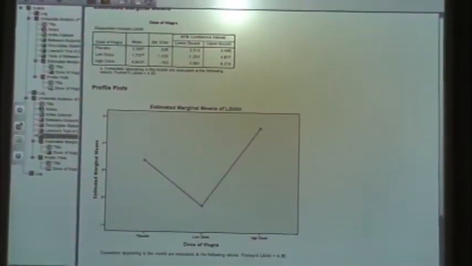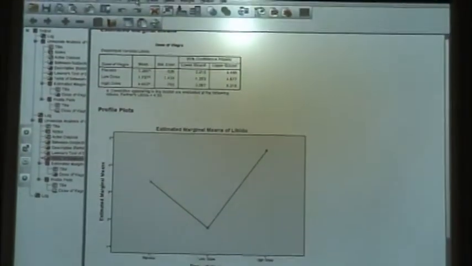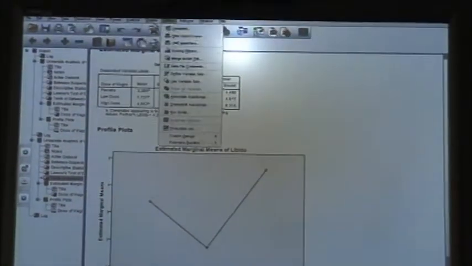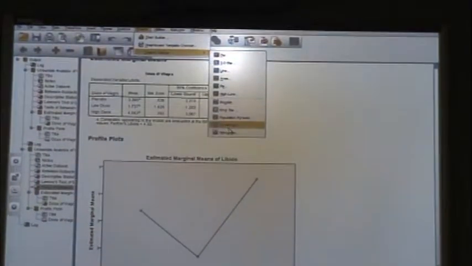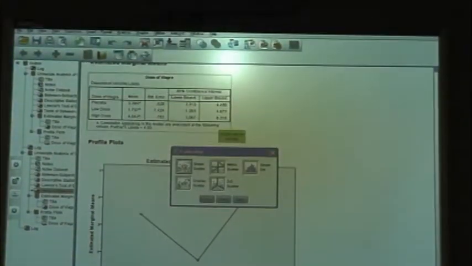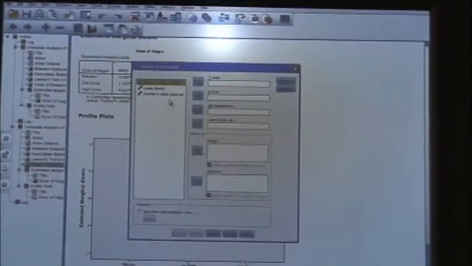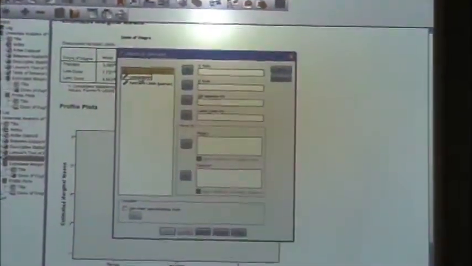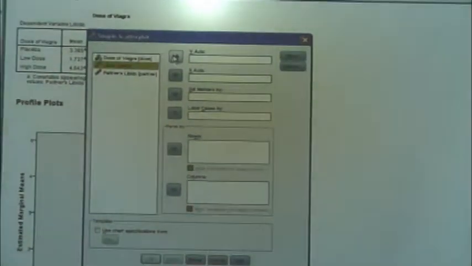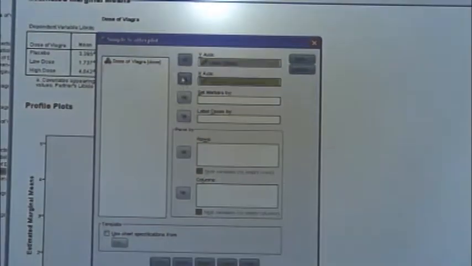And now I'm going to just do a scatter plot: graphs, legacy graphs, scatter plot. I'm going to put the DV and the covariate into each scatter plot.